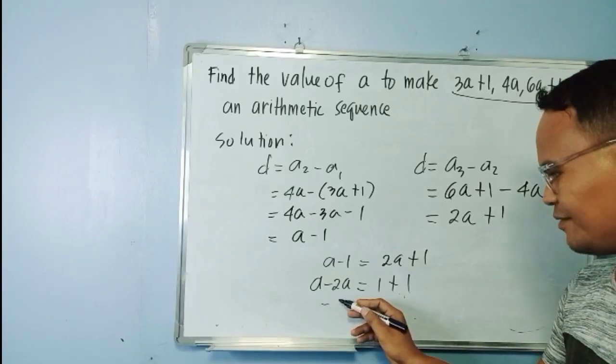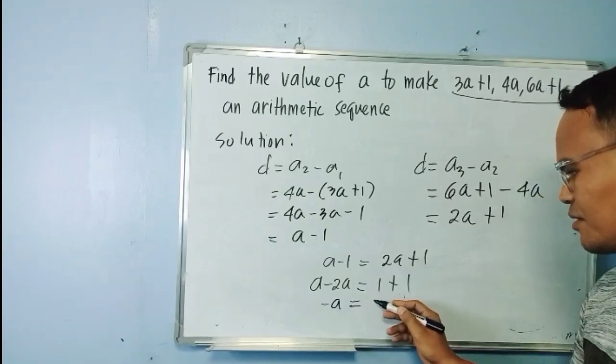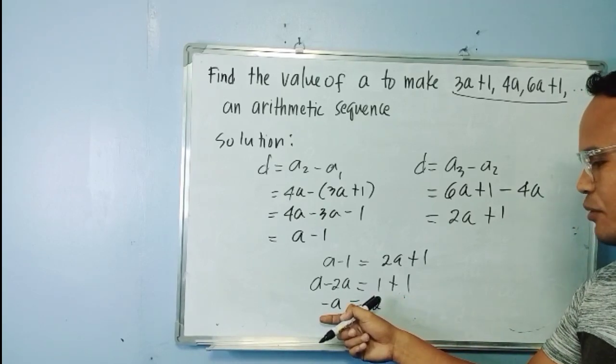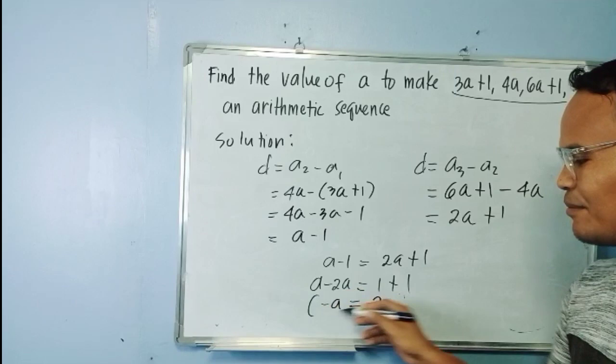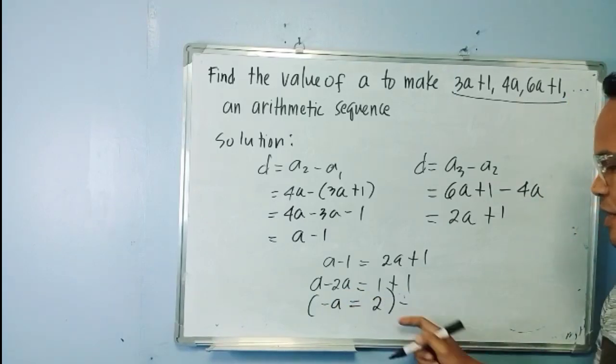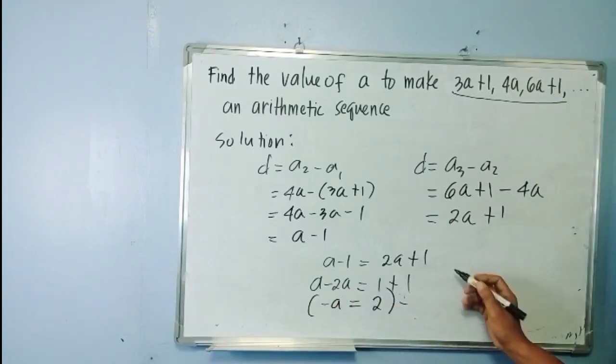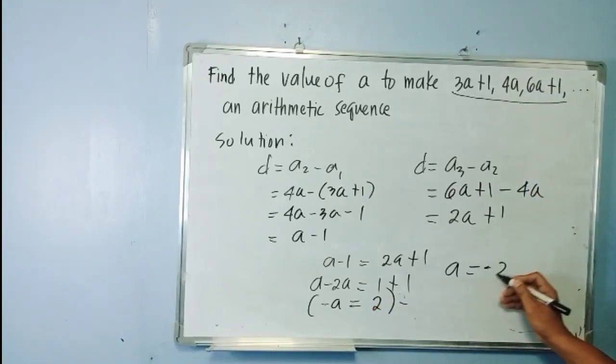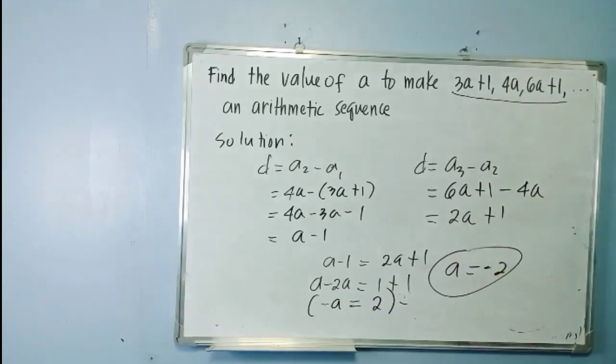So that's negative a equals 2. Since our a is negative, we are going to make this one positive by multiplying both sides by negative. So negative times negative a, that's positive a. Negative times positive 2, that's negative 2. Okay. That's our answer.